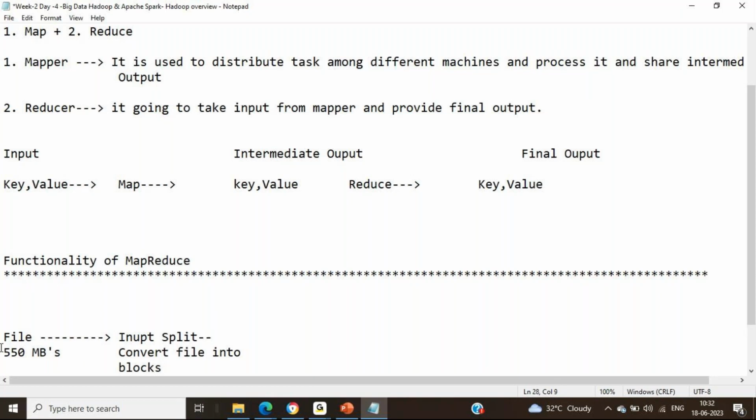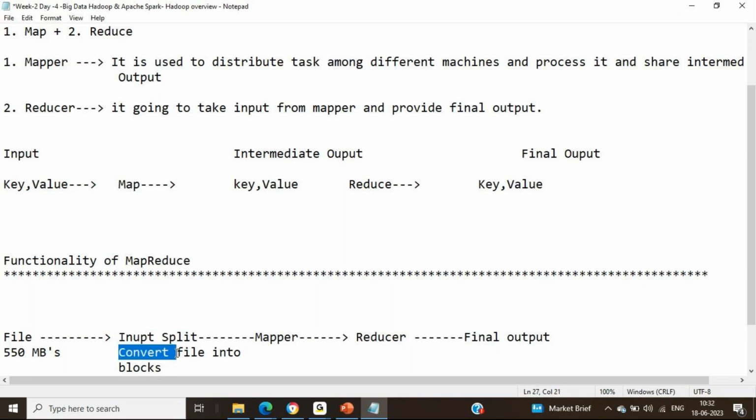So probably we will be having three blocks over here. That is perfectly fine. Now, say block one, block two, block three. Over here we are having mapper, then reducer, and then we are able to get the final output. But we are having a challenge over here.